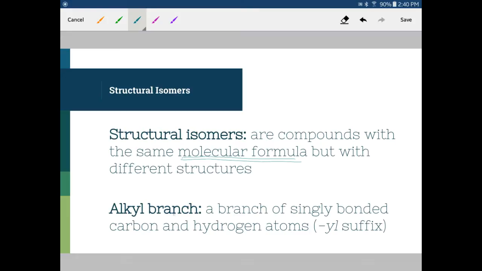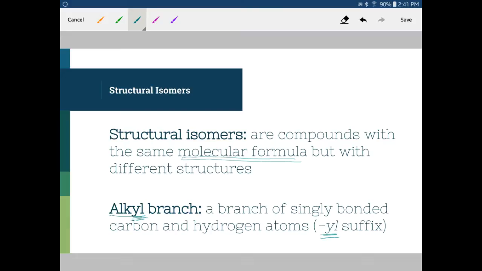Okay, so if there's a branch, we call that branch an alkyl branch. Essentially a structural isomer could be a branched isomer that has these alkyl branches off them. Now, when we go to name alkyl branches, we end them with a YL suffix. Again, we call it an alkyl branch, therefore we continue that YL suffix throughout our naming system.